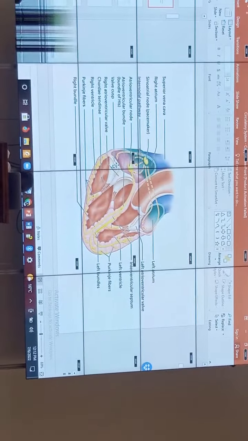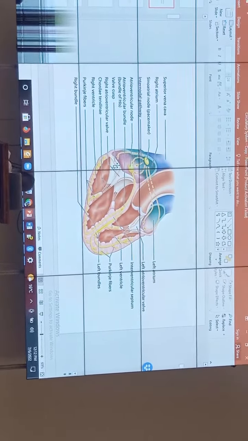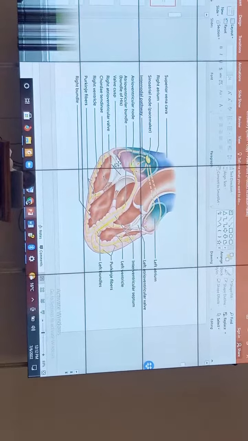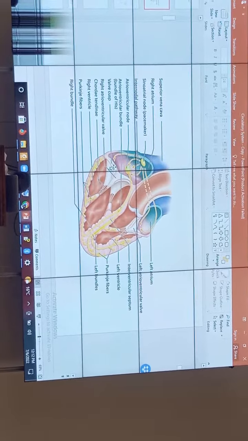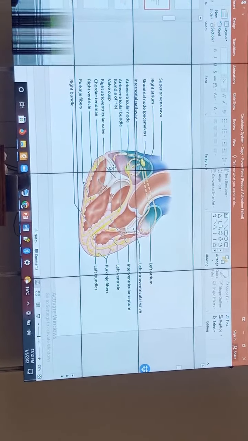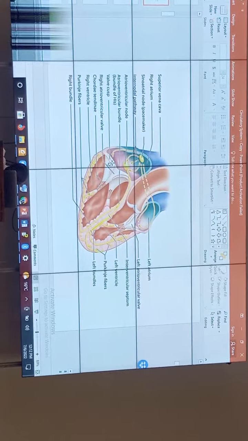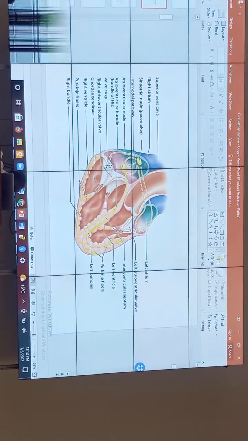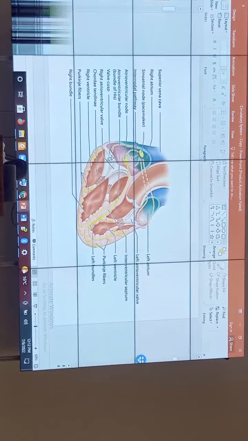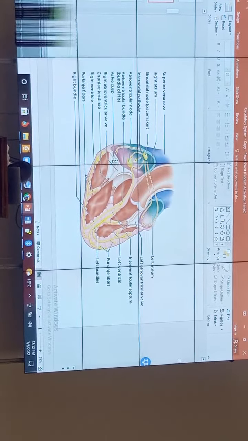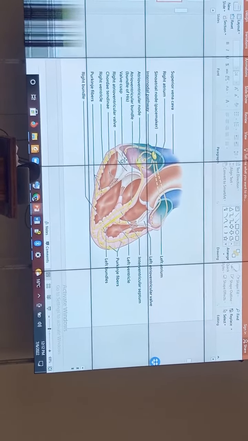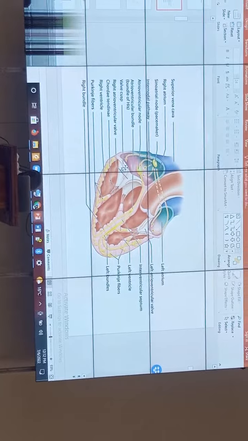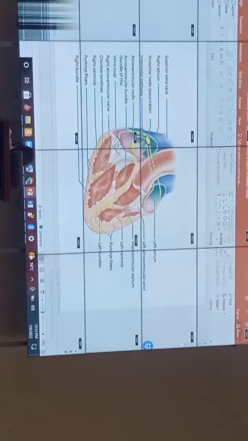It has an intrinsic mechanism of being able to generate impulses through special structures that are found within the heart, which comprise a system that we call the conducting system. So in other words, the heart has special structures that comprise the conducting system, which is a system responsible for generation of impulses.